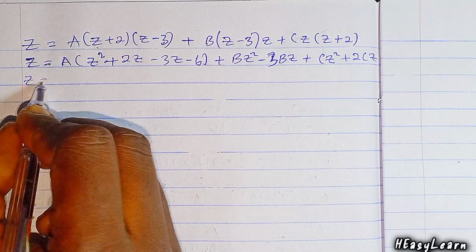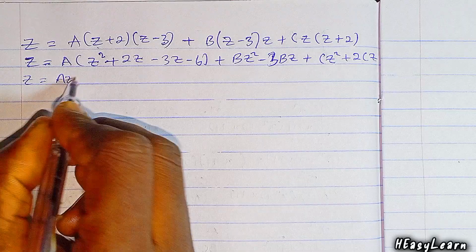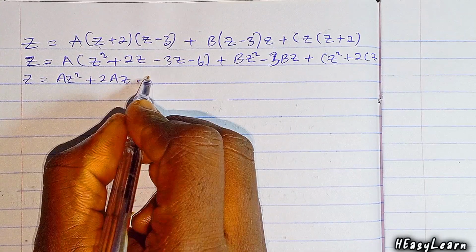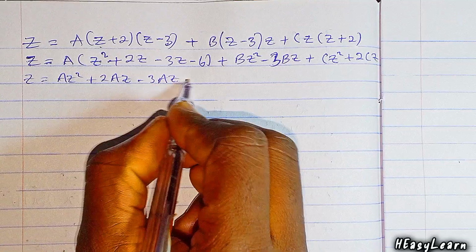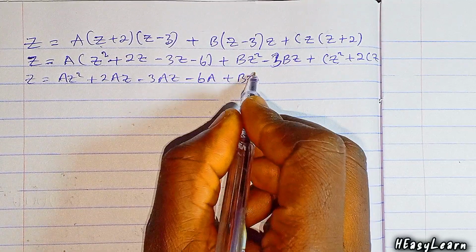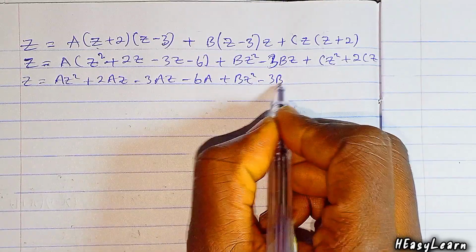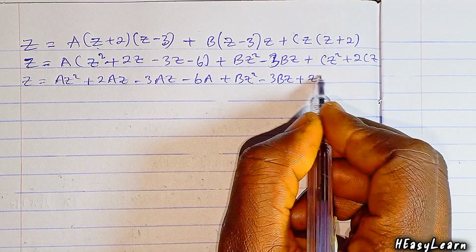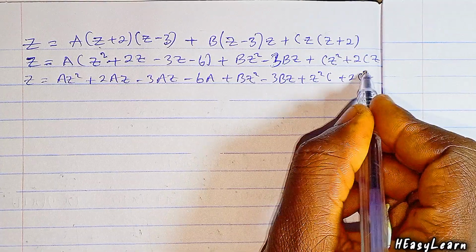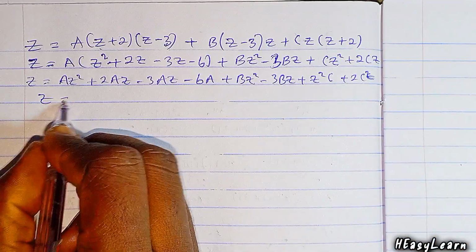So we have z equals az squared plus 2az minus 3az minus 6a plus bz squared minus 3bz plus z squared c plus 2cz.